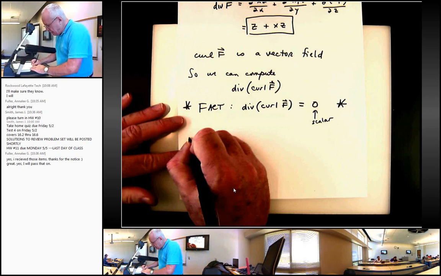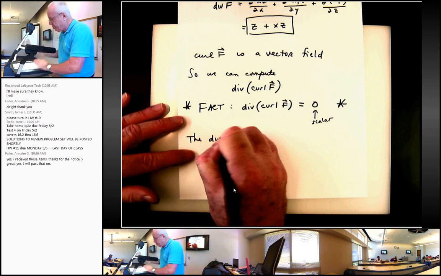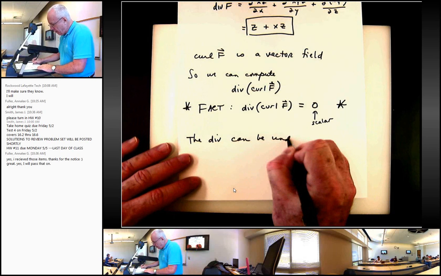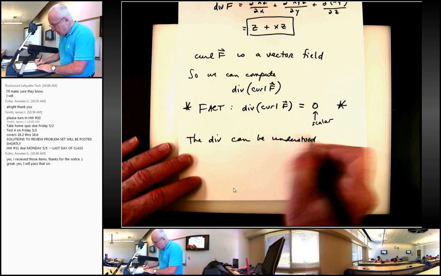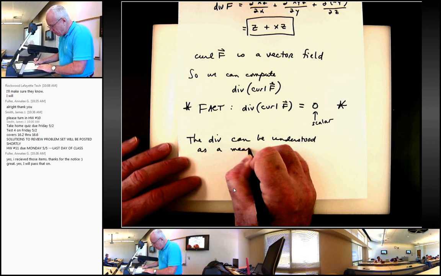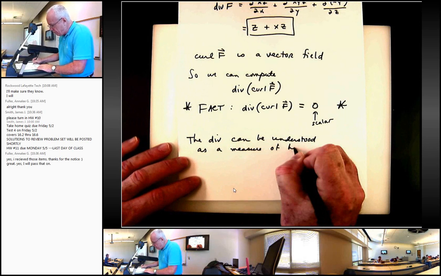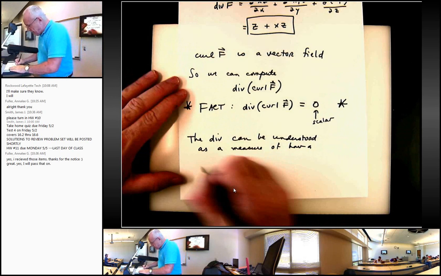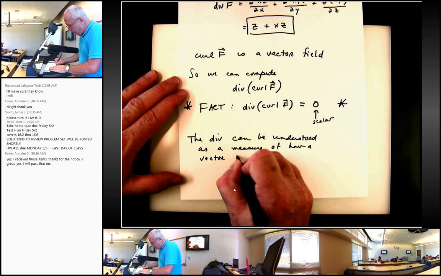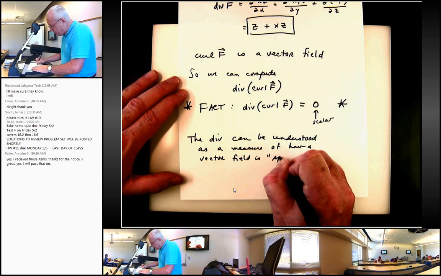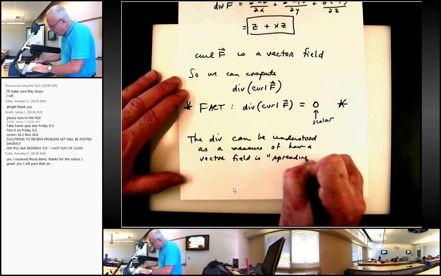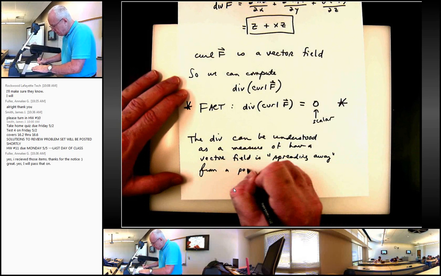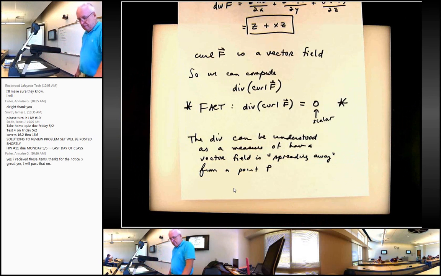The div, or divergence, can be understood as a measure of how a vector field is, quote-unquote, spreading away from a point, capital P.